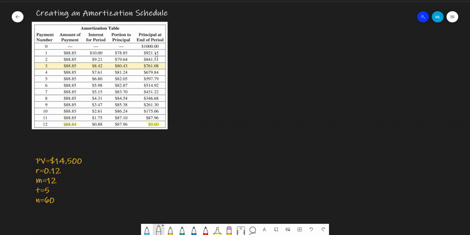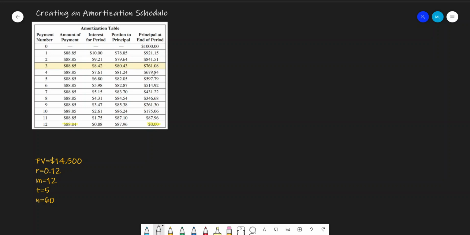Then you repeat the whole process again, where you take the unpaid balance, multiply by the interest per period, and that gives you a new portion to the principal, thus giving you a new reduced amount at the end of that period.